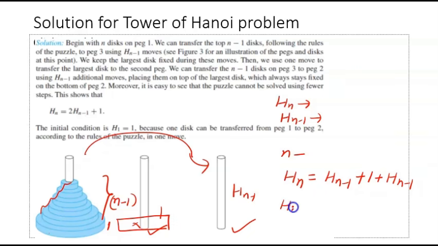So the recurrence relation that we have got is Hn equals 2 times Hn minus 1 plus 1. And what is the initial condition? H1 is equal to 1, because if we have just one disk, it will require 1 step. So this is the formulation.